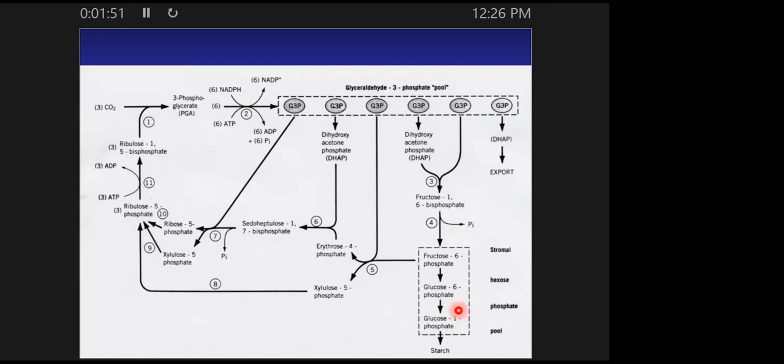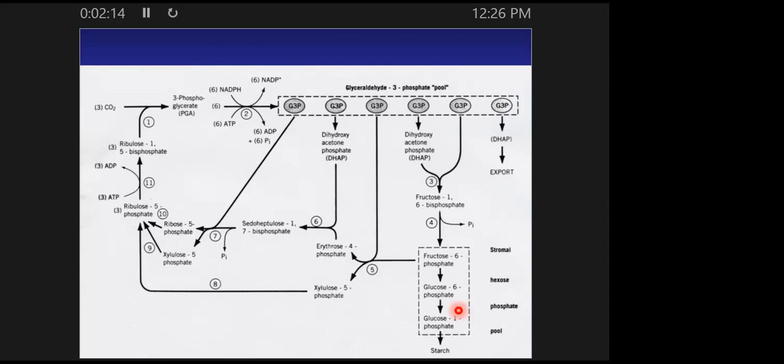Would that be instead of the G3P going to RuBP, or in addition? The word instead comes into play here, where when a plant is deciding, should I make sucrose or should I make starch?